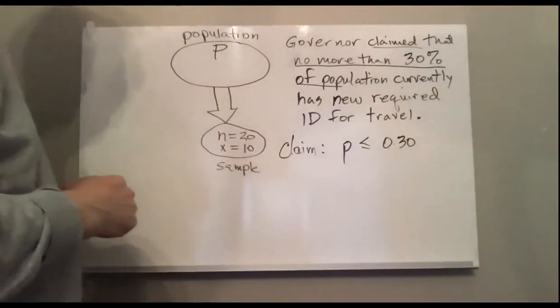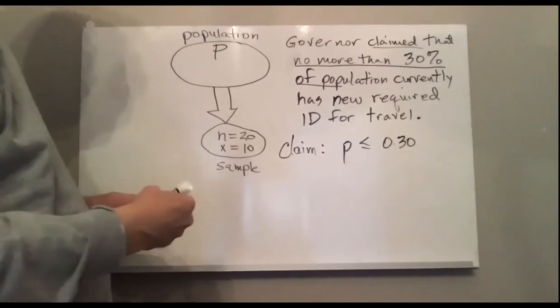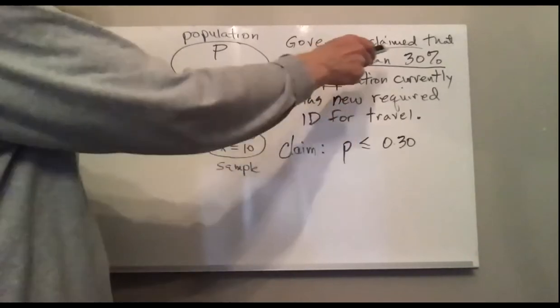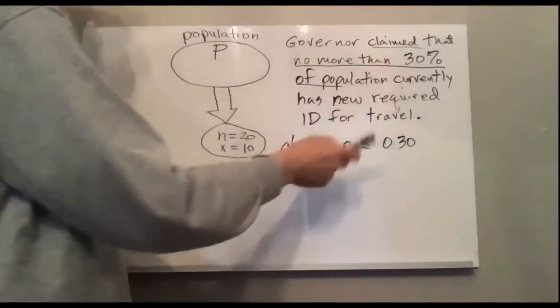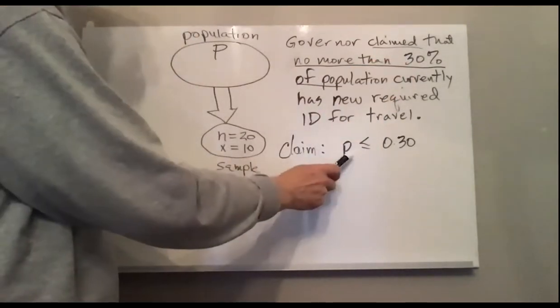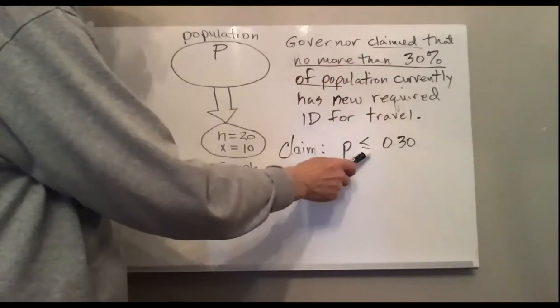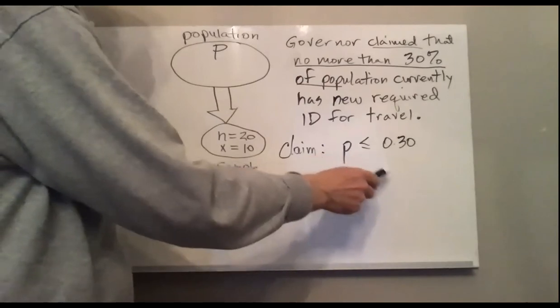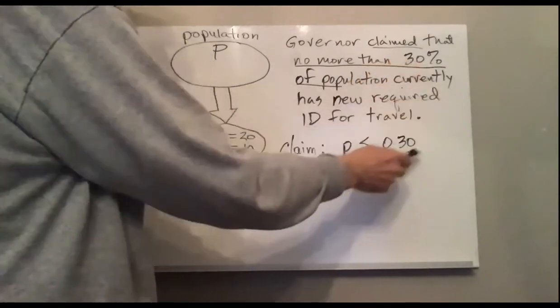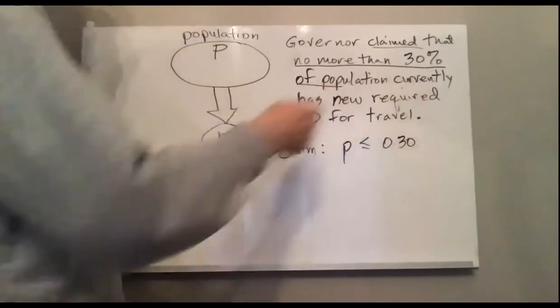We can write that in inequality notation by saying the parameter, which he's talking about, proportion P. No more than means less than or equal to 30%, and as a decimal is 0.30. So we've got a claim from the governor.